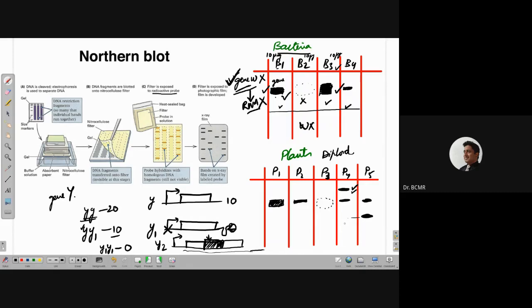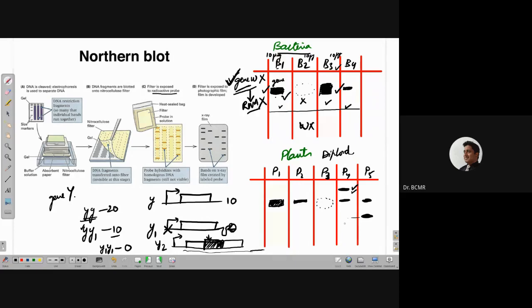And RNA blotting can also quantify. If you have taken equal amount of RNA sample from all the different test samples that you're doing, then you can quantify relative to the normal, to the standard, saying one organism has more expression compared to the standard or normal one, or less expression. You can say that.